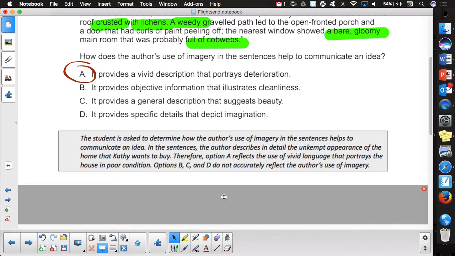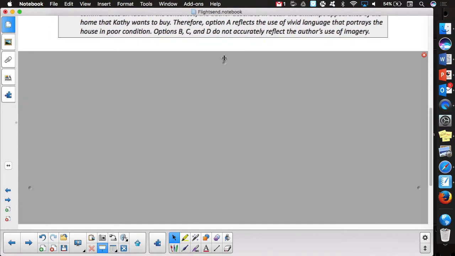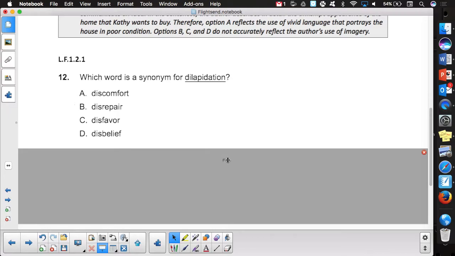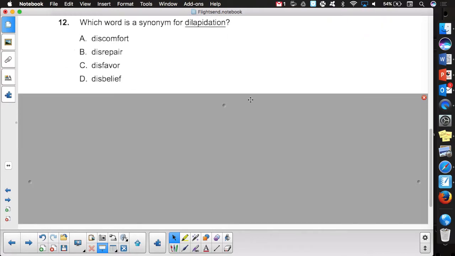Therefore, option A reflects the use of vivid language that portrays the house in poor condition. So that would be the correct response. About three quarters of us were getting A for 11. Number 12, we were pretty good with this one.